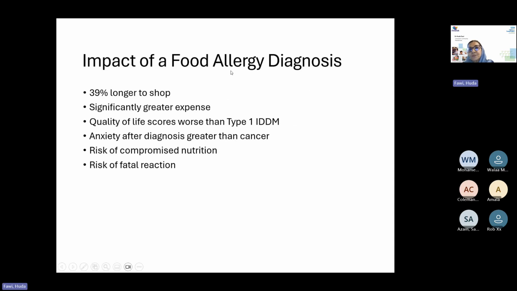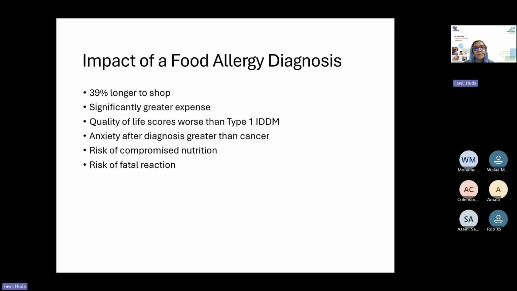Why is it important to diagnose food allergy appropriately? Because it takes 39% longer to shop. It comes at a greater expense. The quality of life scores are worse than type 1 diabetes. Anxiety after diagnosis is greater than cancer. Believe me, these parents are so anxious that their child will have anaphylaxis.